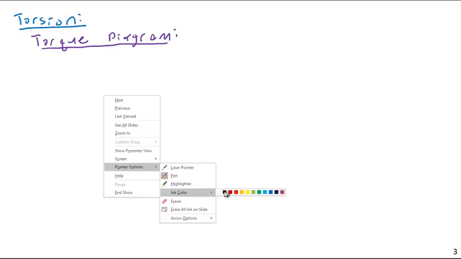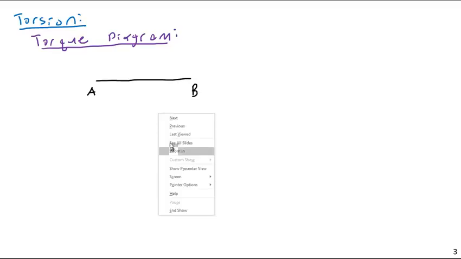And this is going to be a fairly trivial torque diagram. I'm just going to have A and B here. This is actually going to be negative, so this is my 0 line.